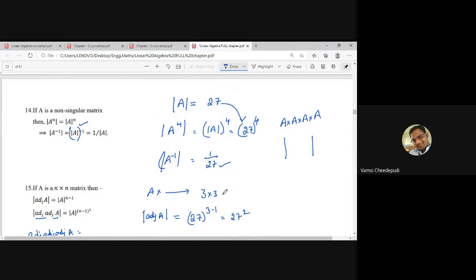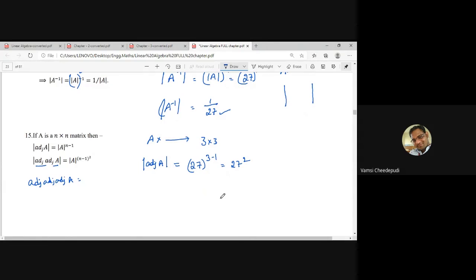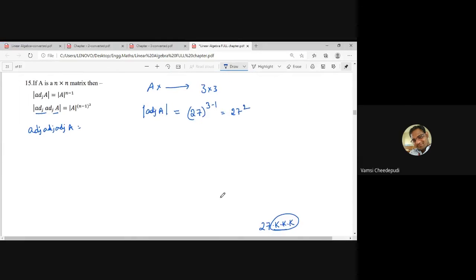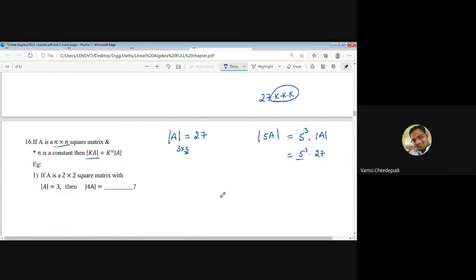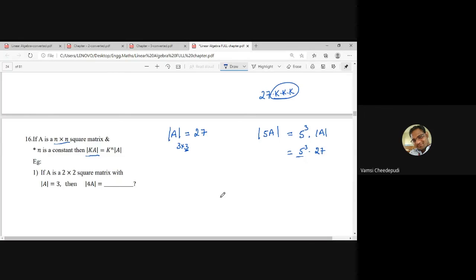And det A power n is equal to det A whole power n. And determinant of adjoint A is det A power n minus 1 if A is of order n by n. And determinant of K into A is equal to K power n into det A.